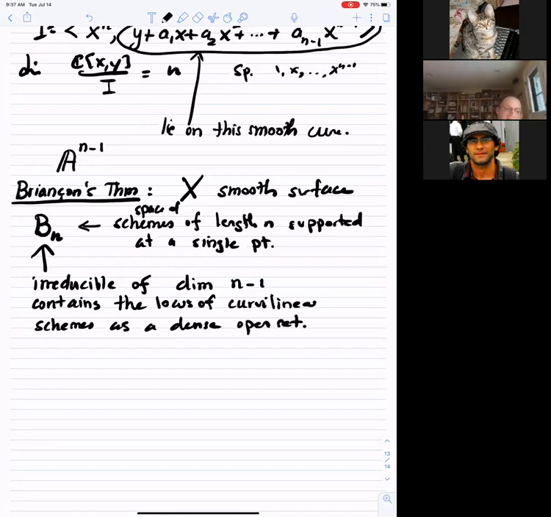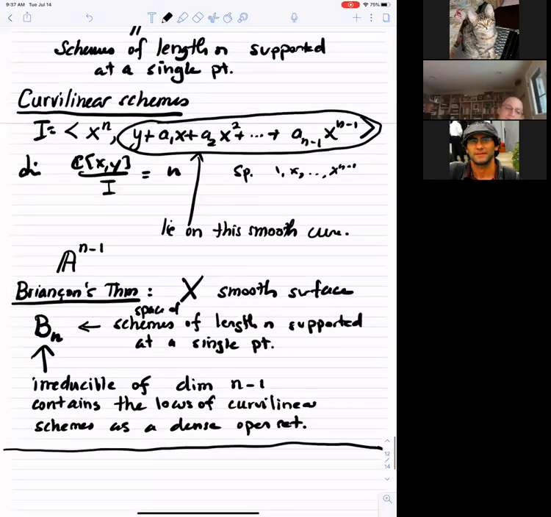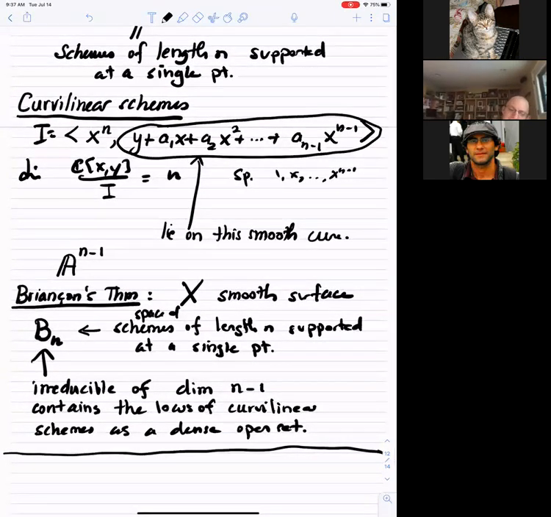Okay? In other words, let me summarize what this means. One conclusion of this whole story, the reason why I'm telling you is, one, I'm telling you the structure of the space a little bit. In some sense, if you wanted to understand the Hilbert scheme, it's enough to understand these schemes B_n.